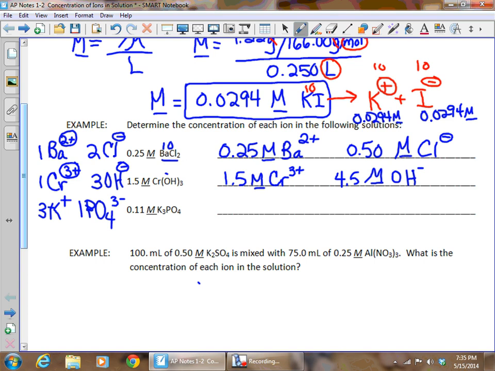So if I've got 3 potassium ions, that means my concentration of potassium ions is going to be 0.33 molar for my potassium ions. And since I only have 1 phosphate, it's going to stay 0.11 molar for my phosphate.